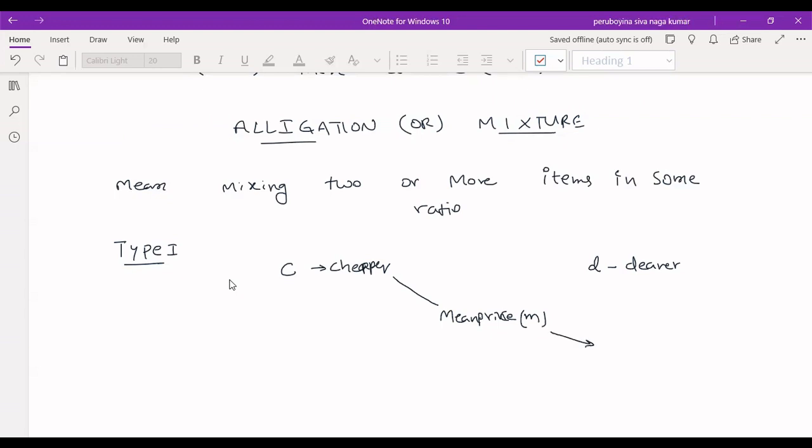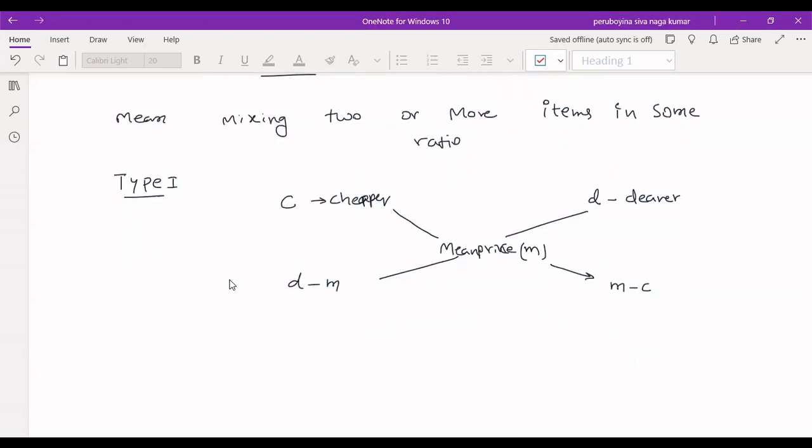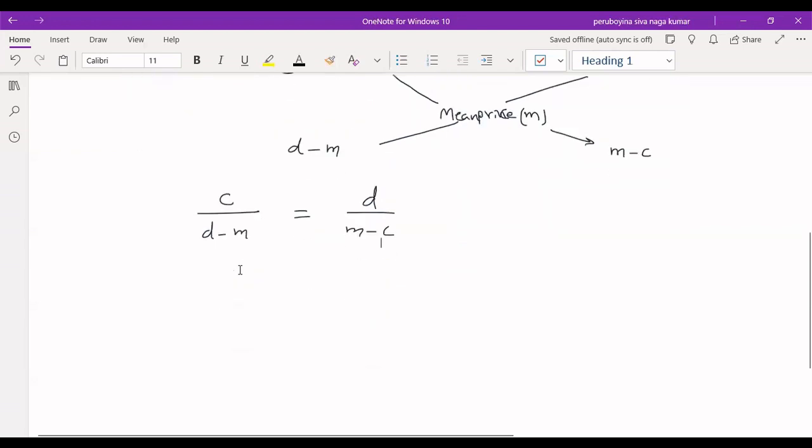This will be subtracted from this. The mean price is more than the cheaper price C, so you write M minus C. And from the other side, the dearer price is more than the mean price, so you write D minus M. Therefore we have a relation: C divided by D minus M is equal to D divided by M minus C. This is the formula we often use to calculate the mean price.